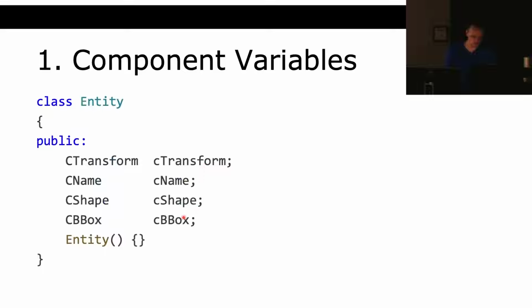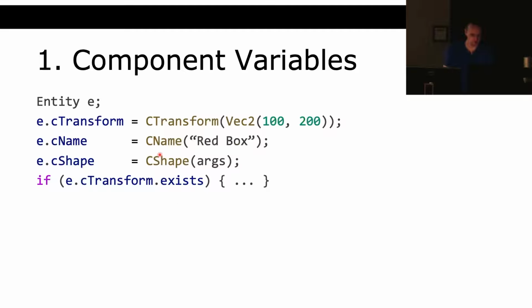But if we look here, this also had a bounding box, so our entity class stores one of each component, no matter what, because I can't take variables out of a class or add variables to a class, at least in an easy way. So we do have this entity that does not have a bounding box, right?